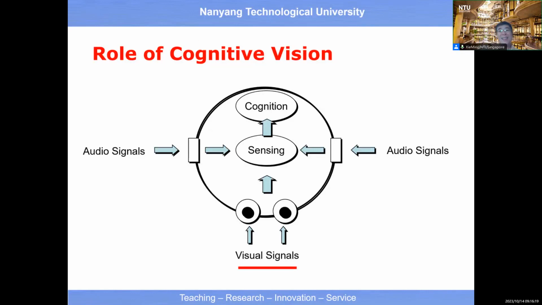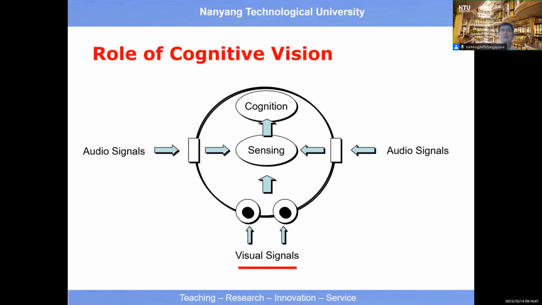Without the signal, we cannot develop our level of intelligence, right? And this drawing highlights to you that among all the signals, visual signal and audio signal are the two most important signals to human beings and also to future machines, right?